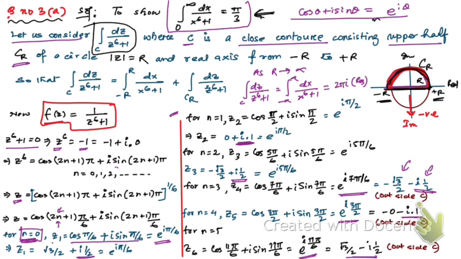where the imaginary part is negative. So now you see, according to our consideration, we are taking the closed contour consisting of the upper half, this upper half part, and the real axis from minus R to plus R. So we have taken only this part, as you can see clearly. Let me use another color here. So this part, shown by black color, only this part.